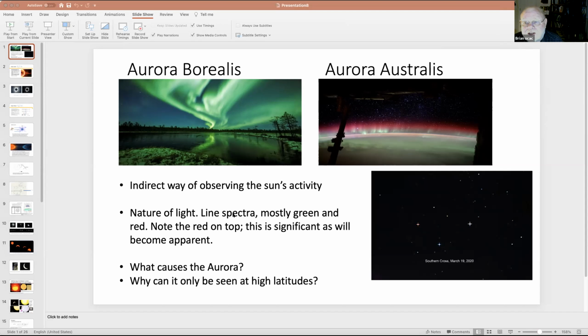And it didn't look like a sheet of northern lights. It just looked like a quite narrow green snake snaking across the sky.